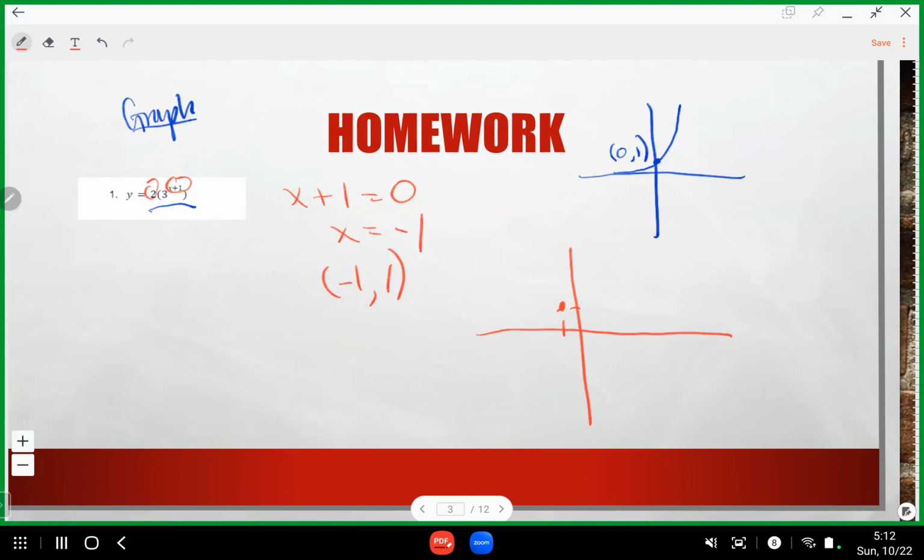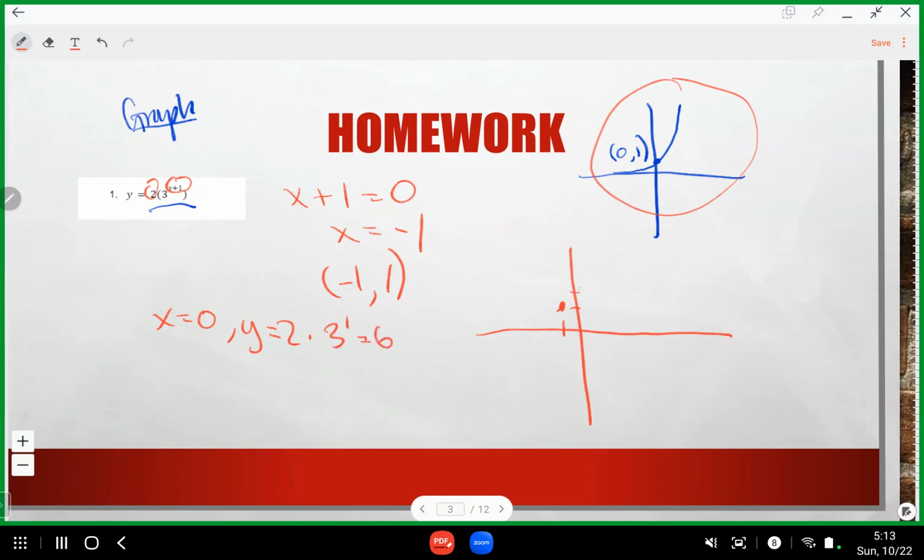It was never reflected. So it'll still be similar to this parent graph right here, except it's going to be skinnier up high, because it is stretched by a factor of 2. So if you put in some points here, for example, if x is equal to 0, y is going to be equal to 2 times 3 to the 1, which is equal to 6.